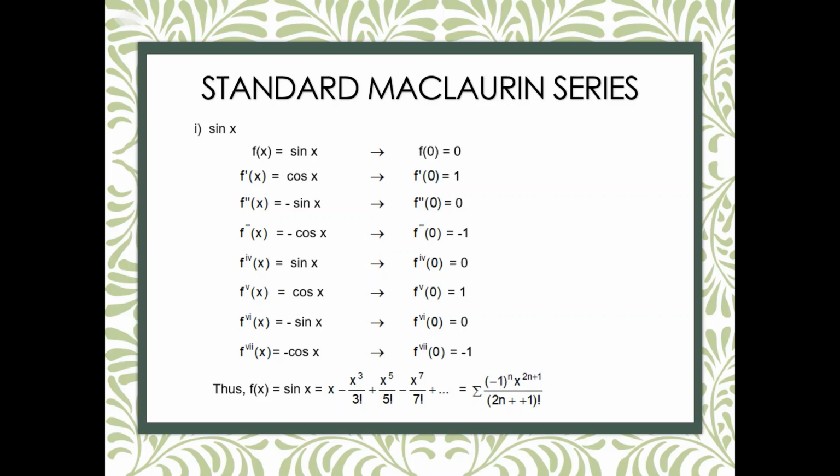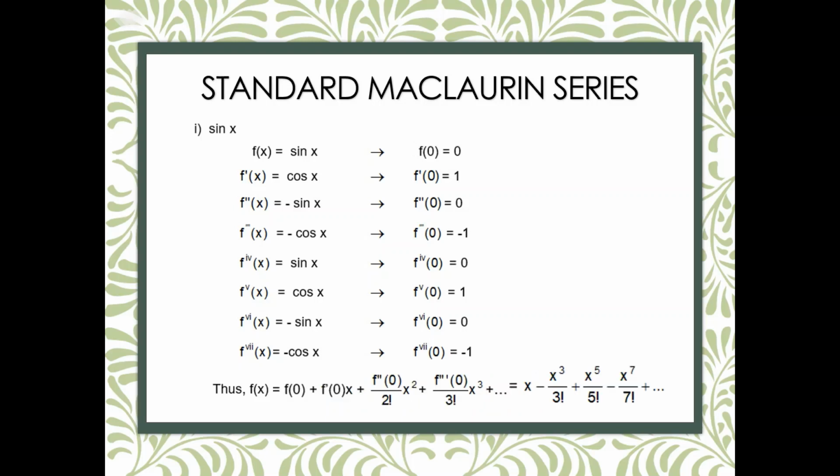Once you calculate all the values, substitute accordingly into the Maclaurin formula and simplify, you will obtain sin x equal to x minus x to the power of 3 over 3 factorial plus x to the power of 5 over 5 factorial minus x to the power of 7 over 7 factorial plus so on.